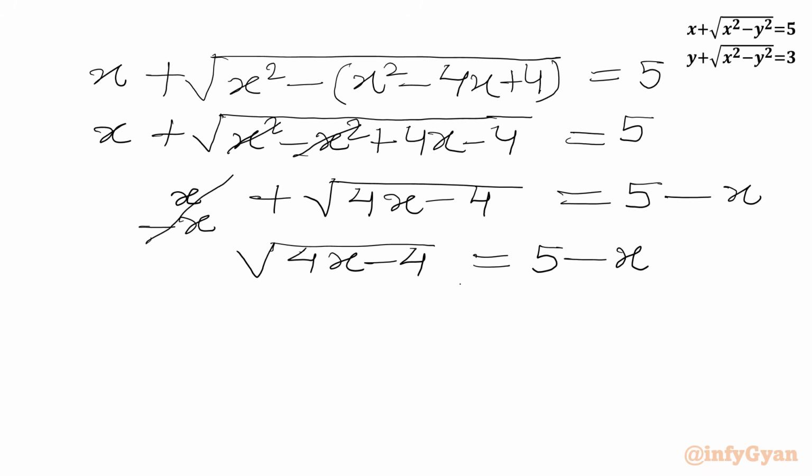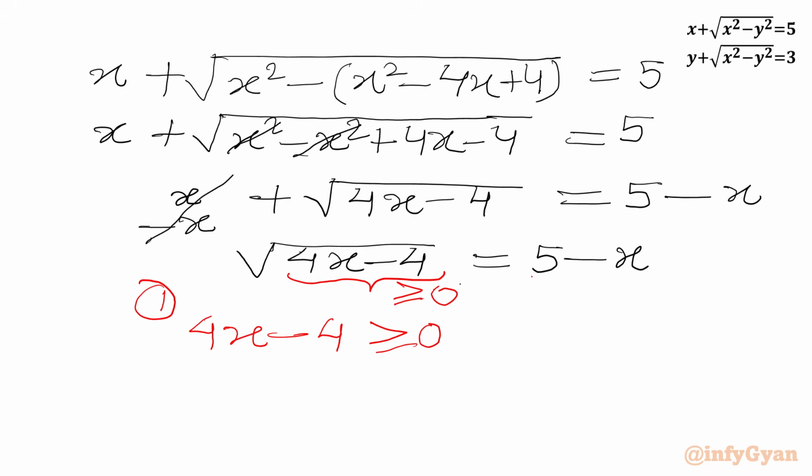But before that, if we use basic algebra, then we have two conditions from this equation if x has to be real. Condition number 1, radicand must be non-negative. So we will write here 4x minus 4 should be greater than or equal to 0.